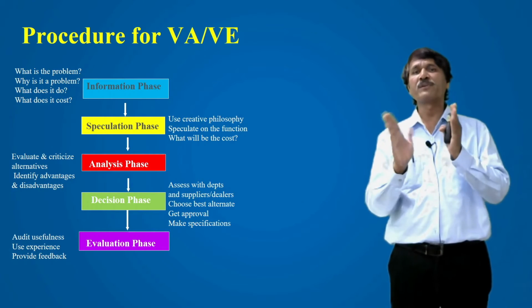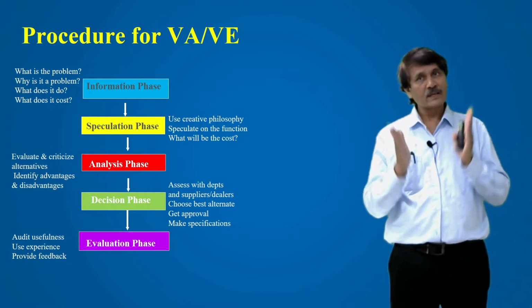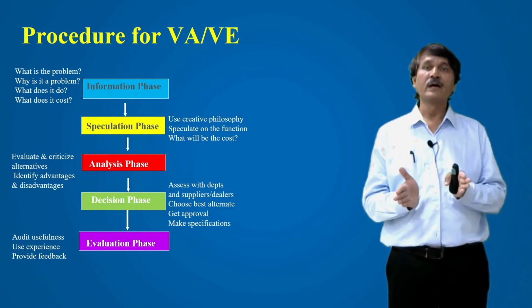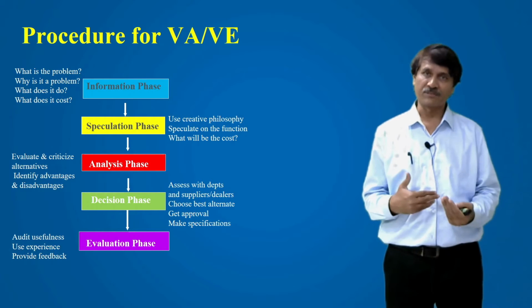All the information related to the product you are going to collect. So in the information phase, you are collecting the information related to your product. That's why it is known as the information phase.